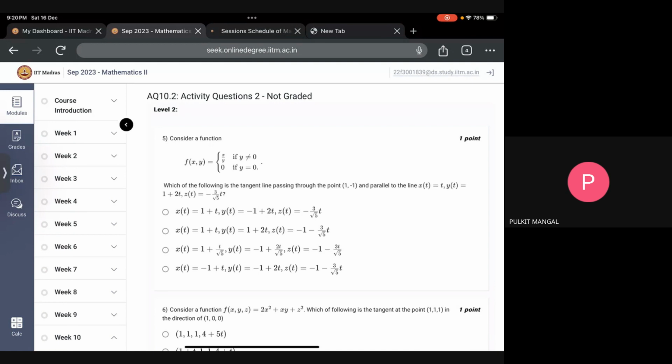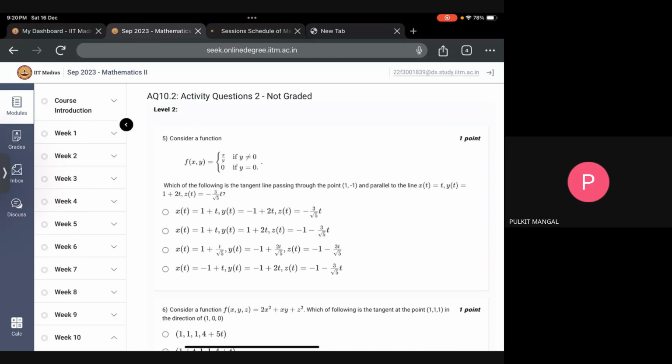The question asks which of the following is the tangent line passing through the point 1 comma minus 1 and parallel to the line x of t equal to t, y of t equal to 1 plus 2t, z of t equal to negative 3 by root 5 t. Whatever the direction of this line, the line parallel to it will also have the same direction, right?